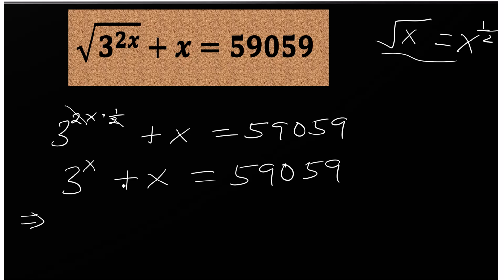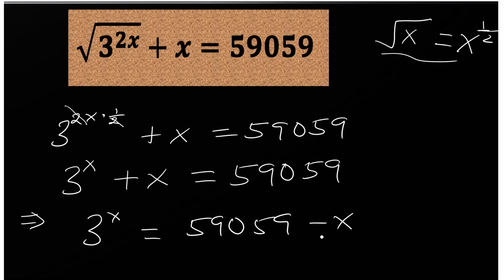Now let's send the x to the right hand side. So that will be 3 to the power x equals 59059 minus x. Now let's divide both sides by 3 to the power x. We are sending everything to the right hand side, so this side will go.